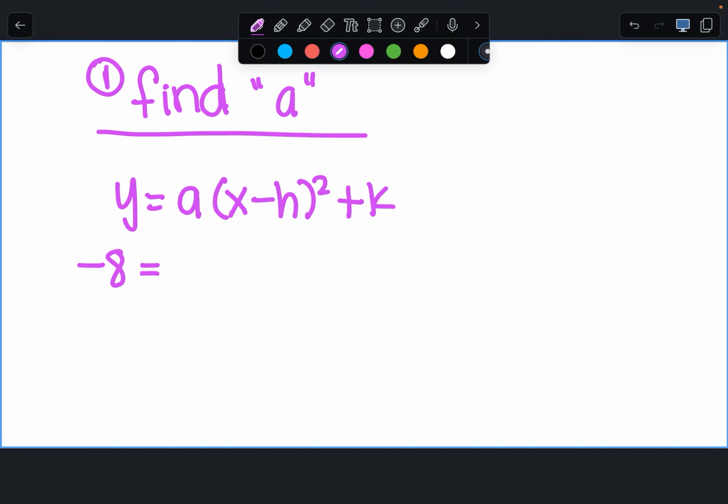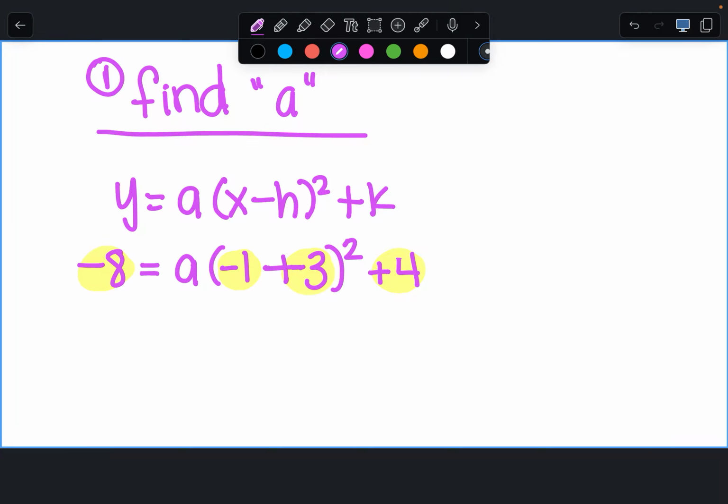We don't know what a is; that's what we're solving for. Replace x with -1. Bring down the minus sign. For h, because there's a minus sign and h is negative, double negative makes a positive, squared. And what is k? 4. So notice how we plugged all 4 numbers in except for a. That's how you end up solving for a.